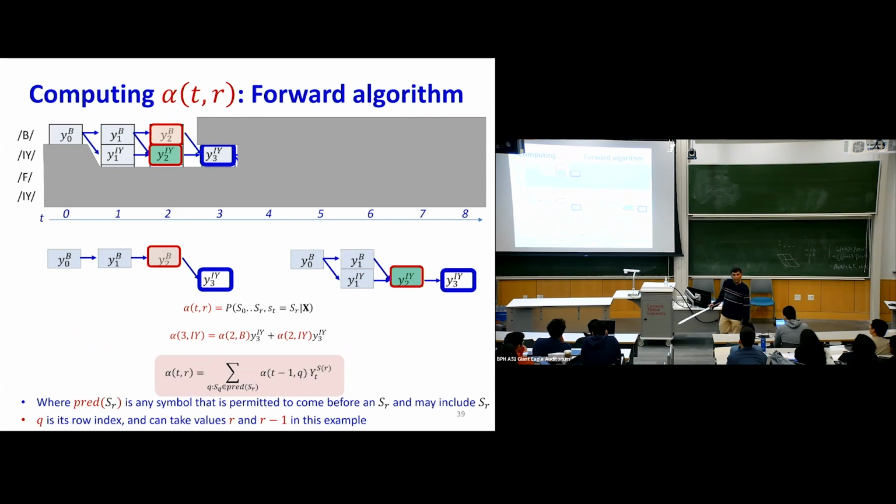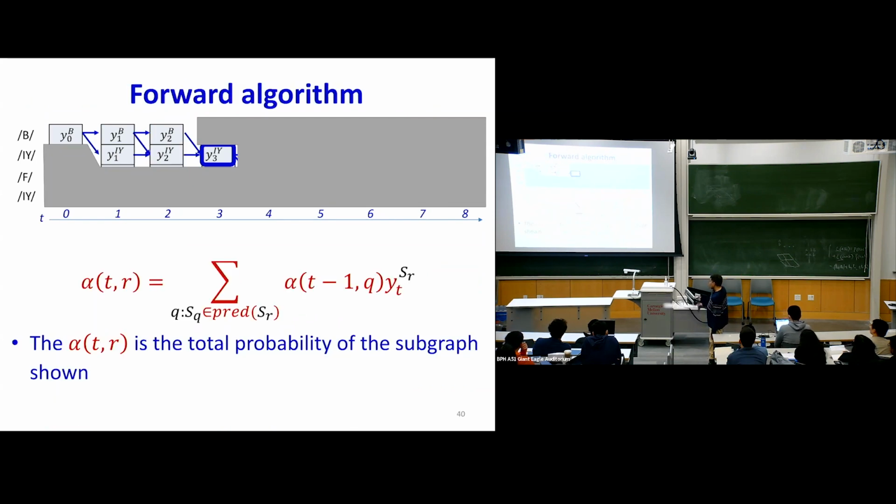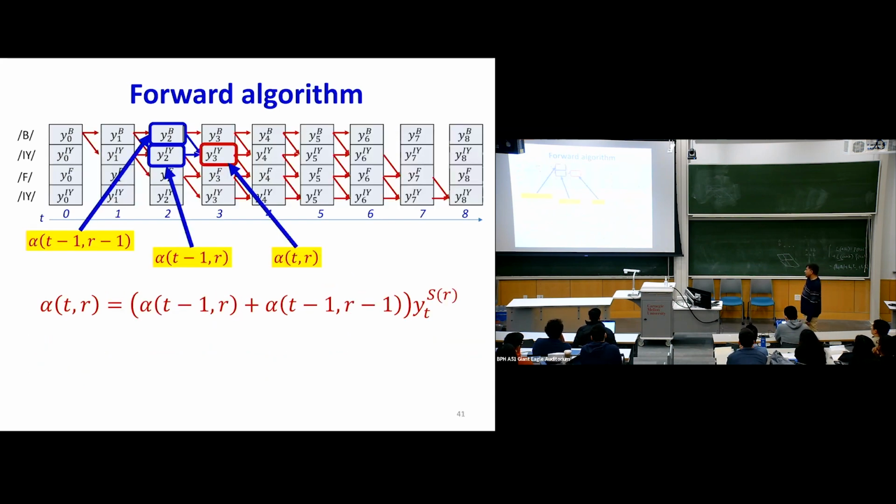So this makes it very simple. Now, once I have this recurrence, I can compute my alphas very simply. So here's the overall probability. The total probability of the subgraph shown, which ends at the rth symbol at time t, is the sum over all predecessors of RT, all parents, of the alpha at the parent times the current node probability. Now I can use this.